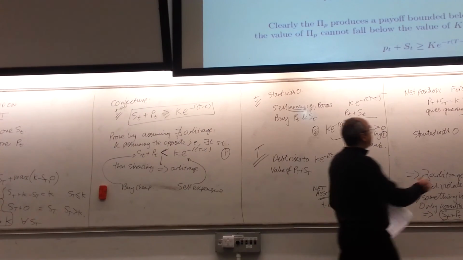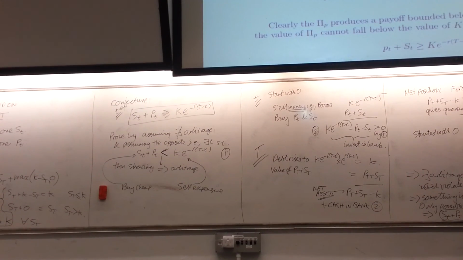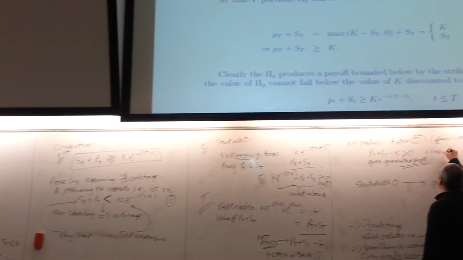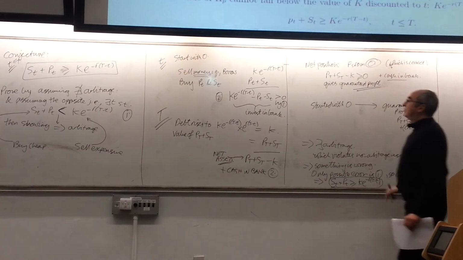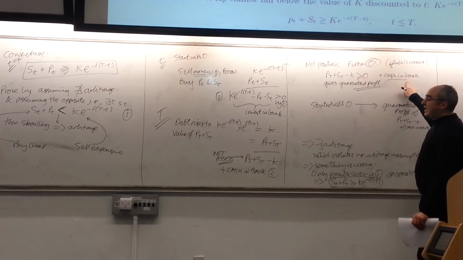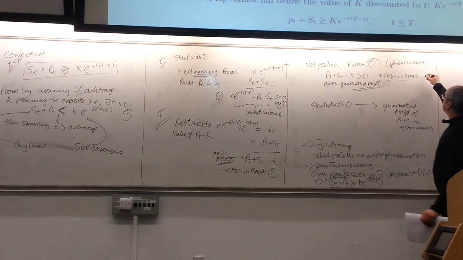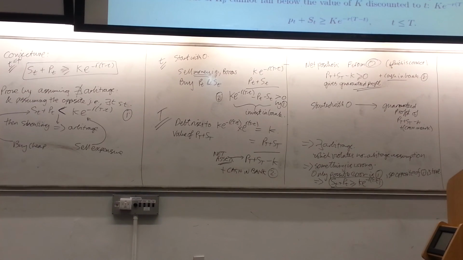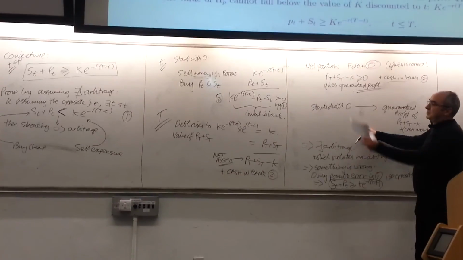And so it's greater than or equal to 0, plus the cash in the bank, which means that you overall have a guaranteed profit. So you could end up in a scenario where you don't get anything here, but with the extra cash in the bank too, that will tip you over the balance, and it means that you've got a guaranteed profit. That means that an arbitrage exists which violates the no arbitrage assumption.